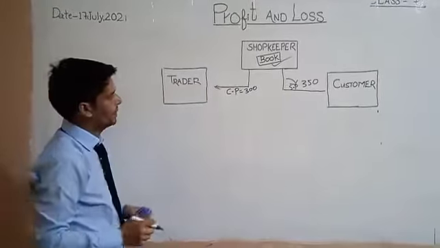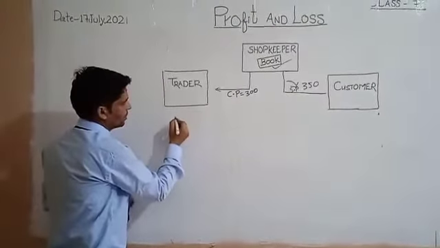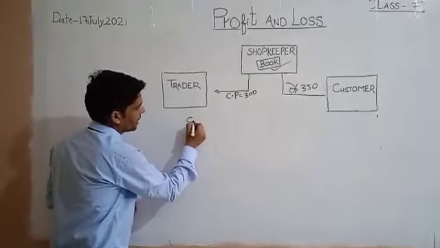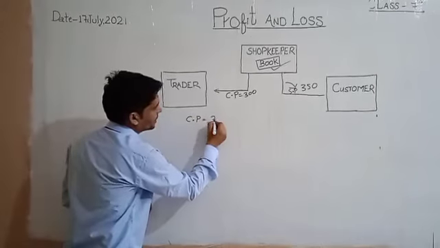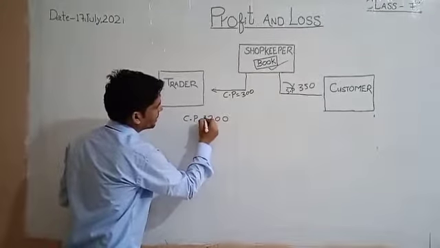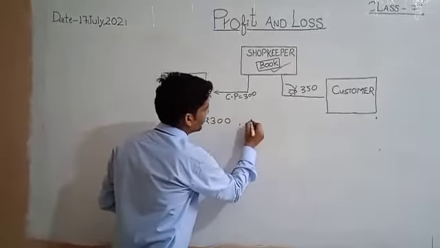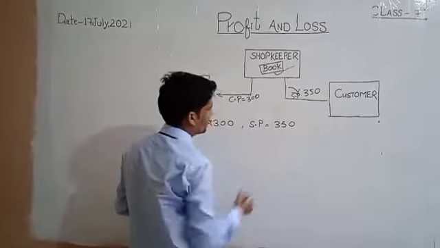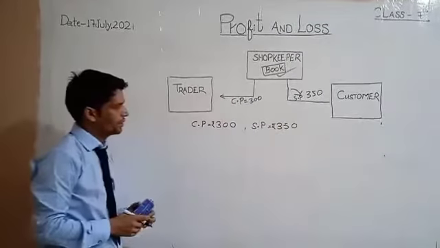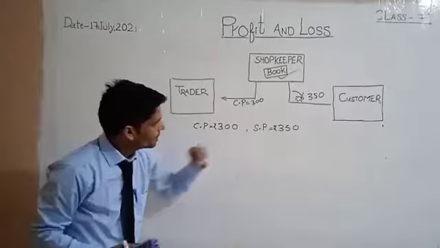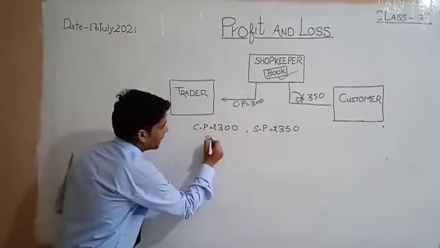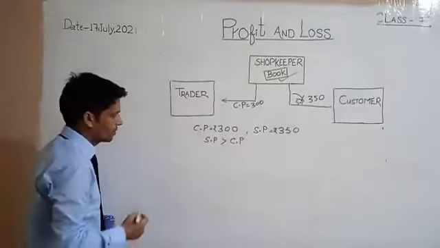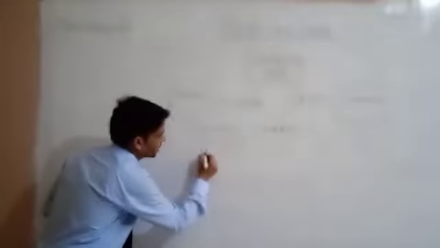Let the example be, if you purchase an English book, the cost price is 300 rupees, and the selling price is 350 rupees. Here the selling price is greater than cost price, so you got profit.